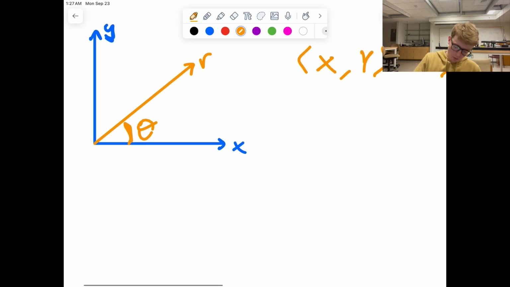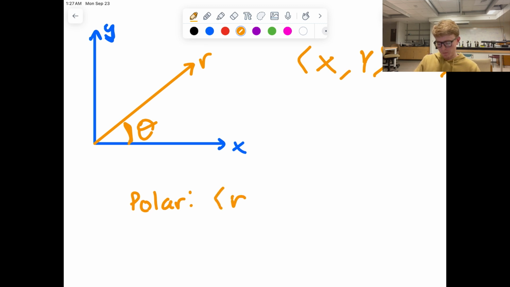Okay, and so how do we represent this? So polar, let's use our bracket notation. We're going to have r, comma, theta. Now in 3D, there's another similar coordinate system called spherical coordinates. If you take Math 200 or Math 180, then you'll see that coordinate system and you'll use it. But in this class, we're not going to get into it. It's really not so complicated.